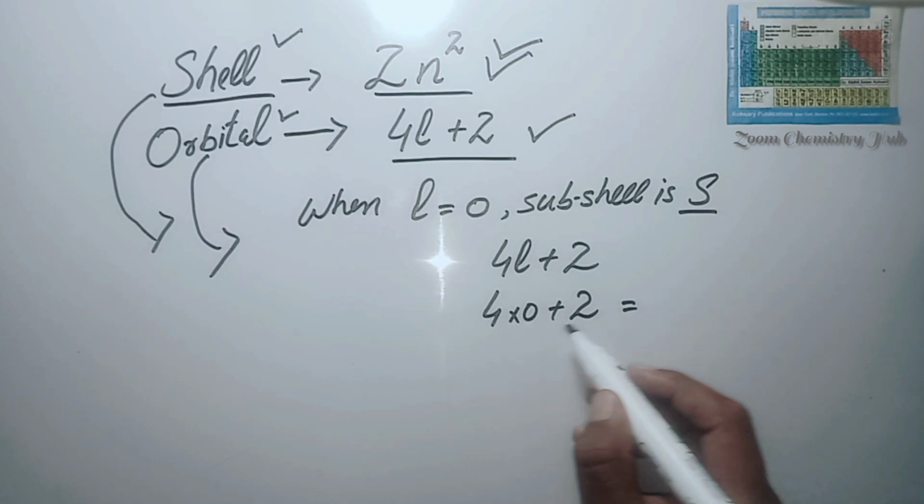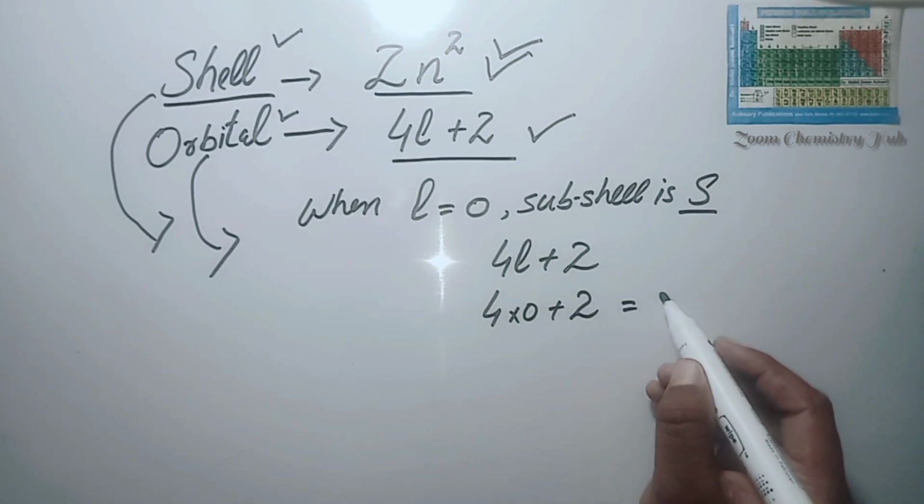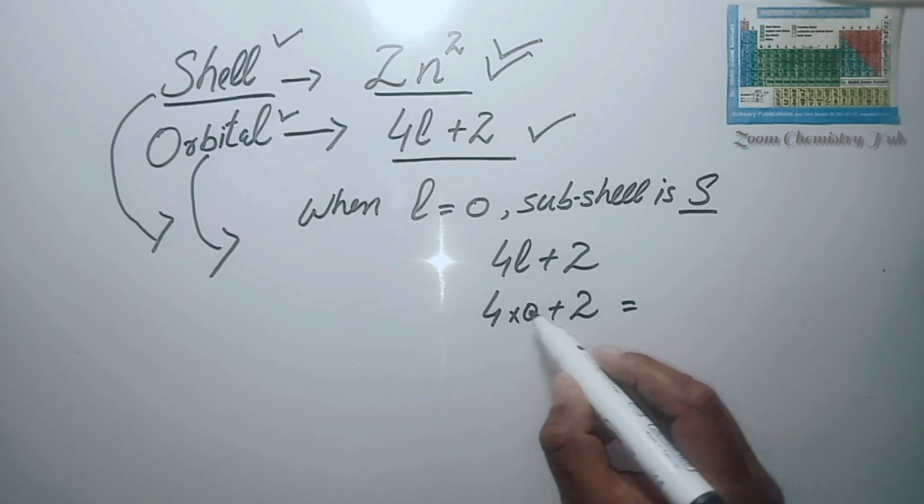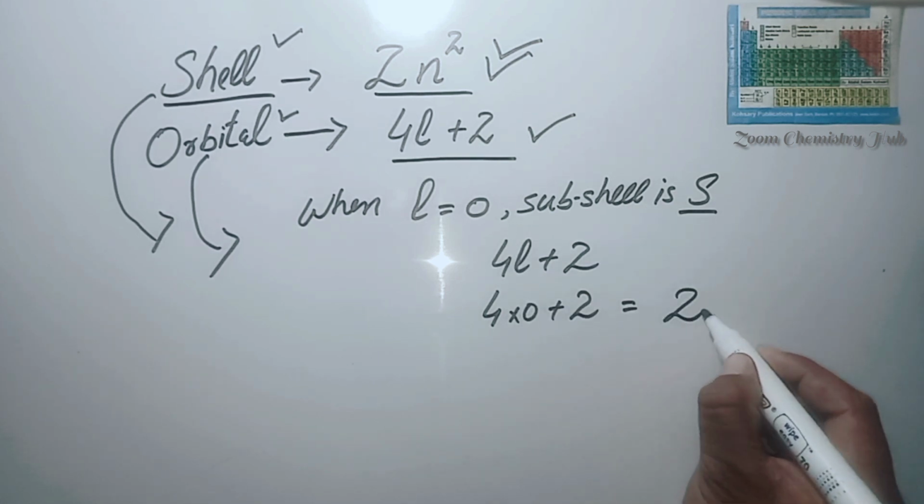So we get the maximum number of electrons in the s orbital as 2.